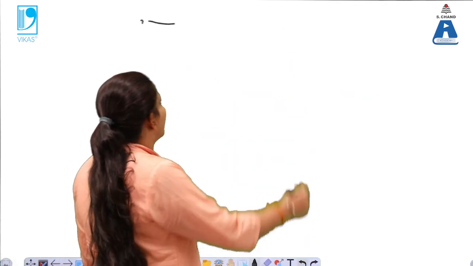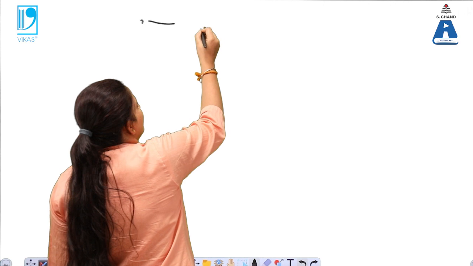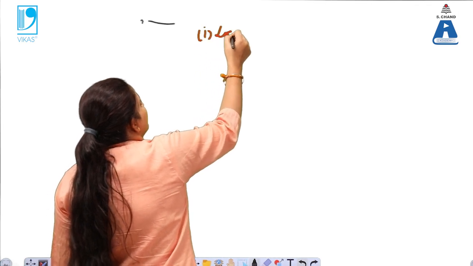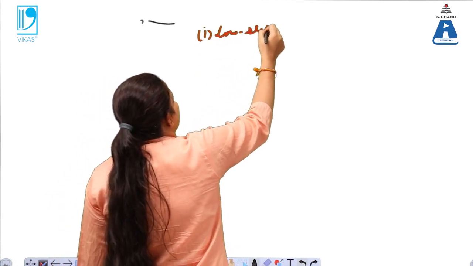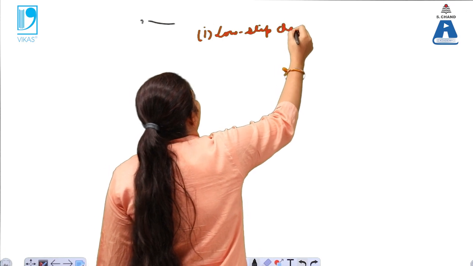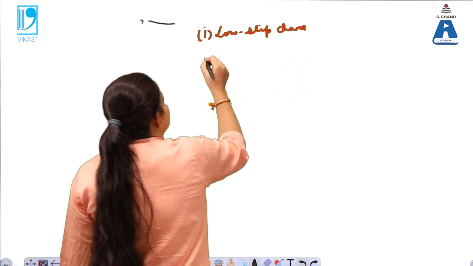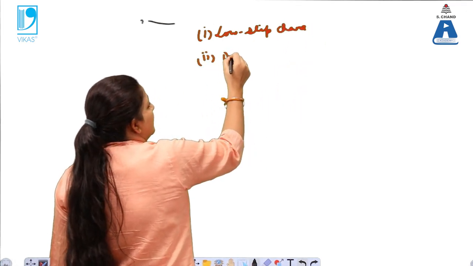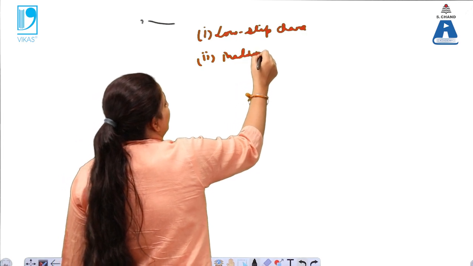So there are three ways by which we can calculate it. First one is the low slip characteristics. Second one is the medium slip characteristics.